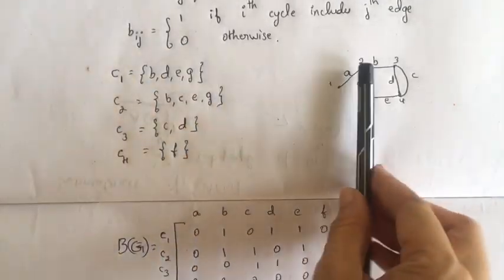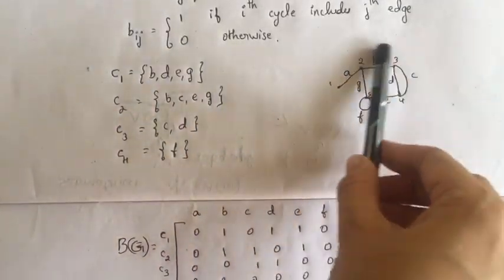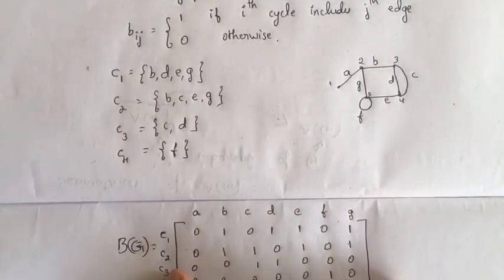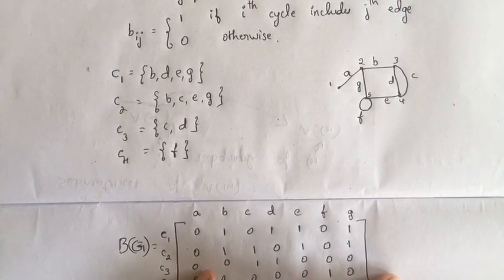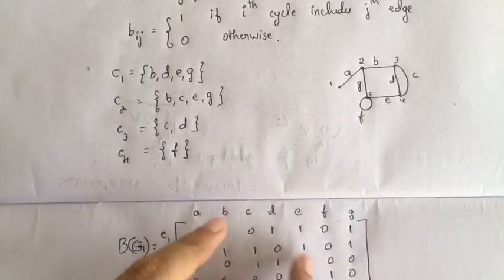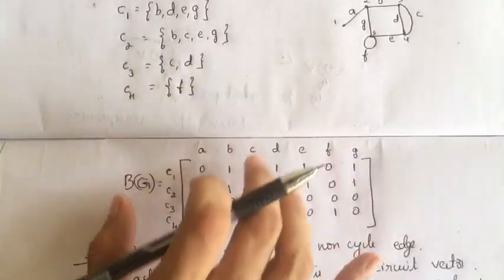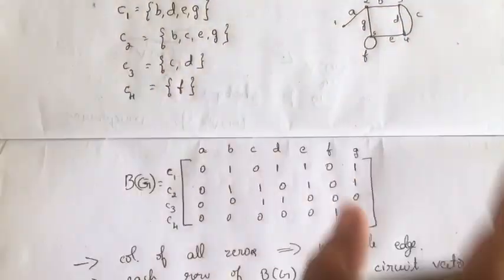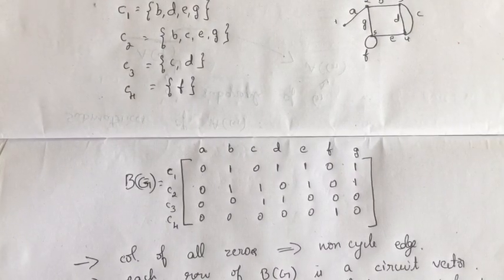Similarly, if I relabel edges in another manner, then I'm going to get another circuit matrix. So any permutation of two rows or columns in a circuit matrix corresponds to the relabeling of the circuits and edges in my graph.